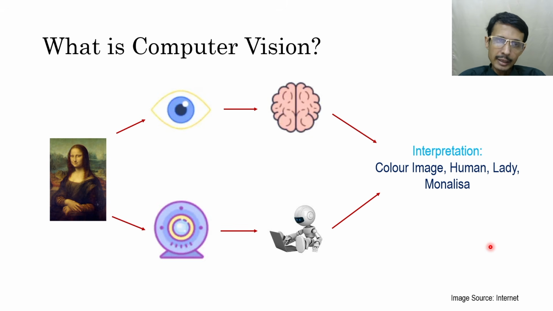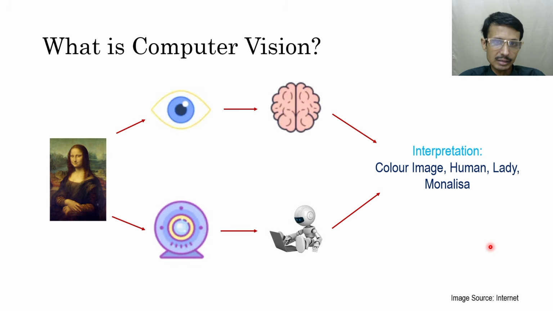Now, human vision and understanding is explained when we see a particular picture with the human eye, it creates some images in our brain, which analyzes these images and then interprets.